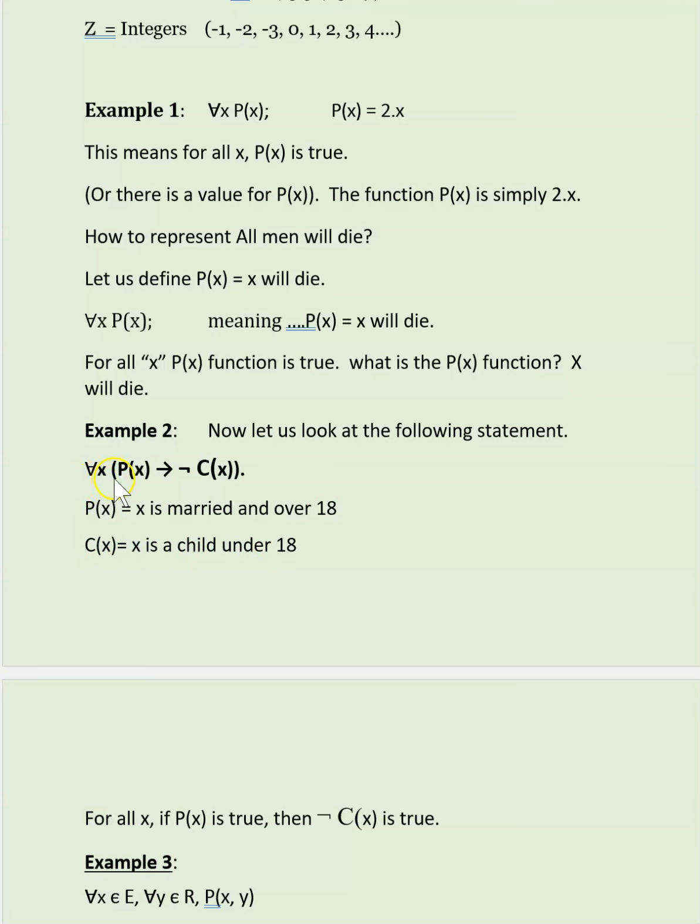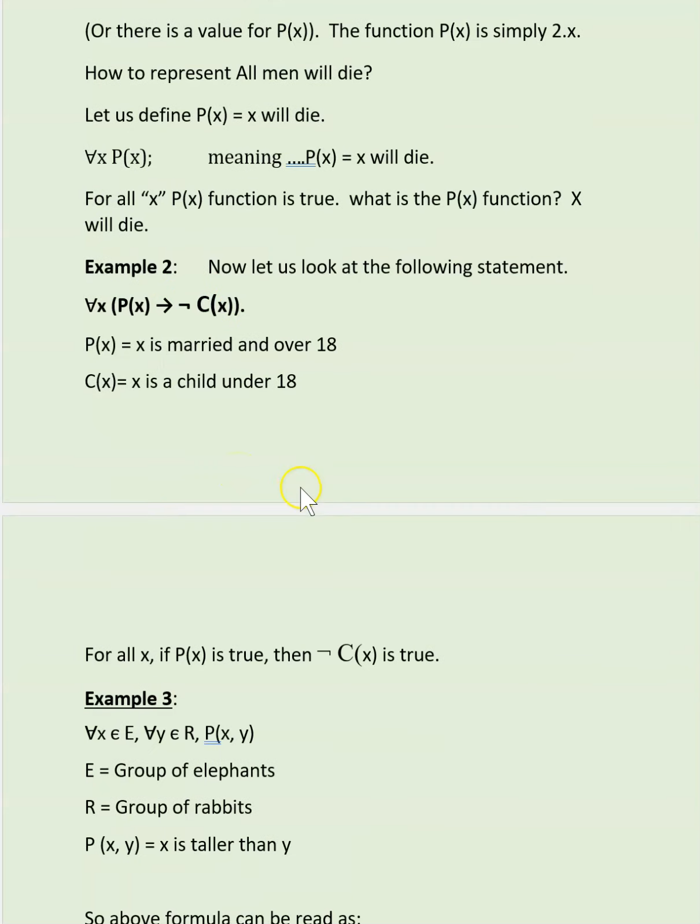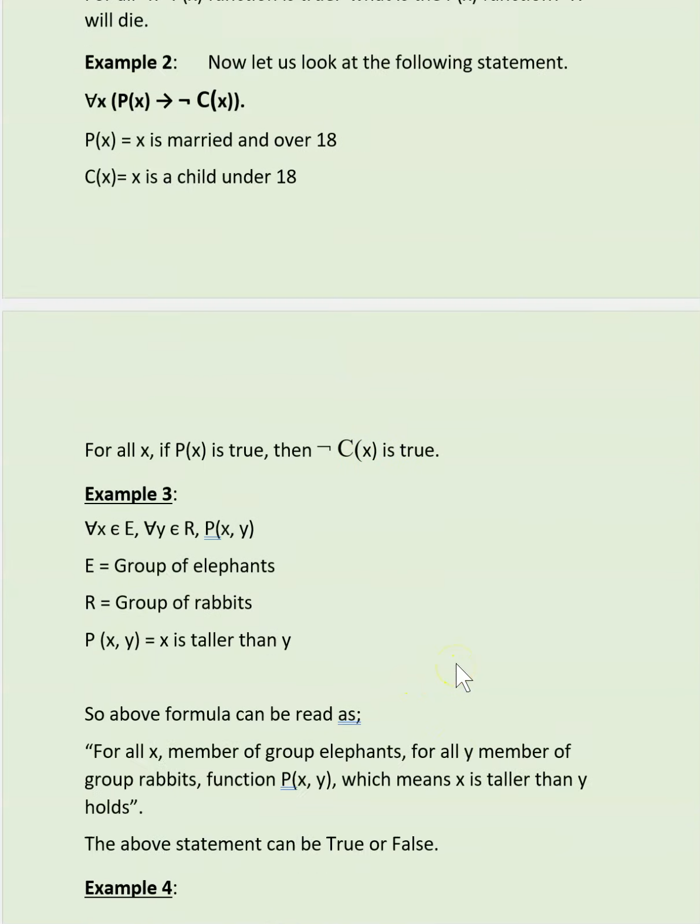For all x, if P(x) is true, x is married and over 18, then that person cannot be a child, right? P(x) implies not C(x). For all x, if P(x) is true, then C(x) is not true.